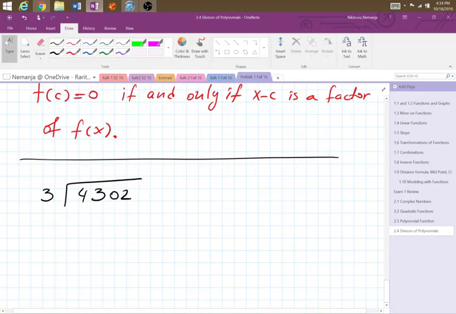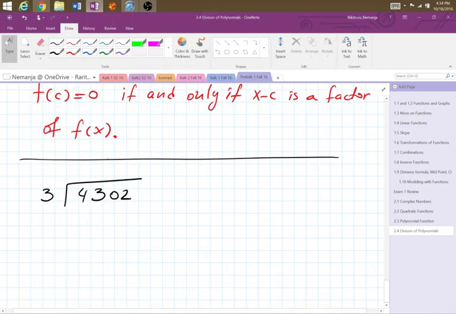And the reason is because it is divisible evenly and the remainder is 0. So the reason why 3 is called a factor of this number 4,302 is because it is divisible evenly. There is no remainder.